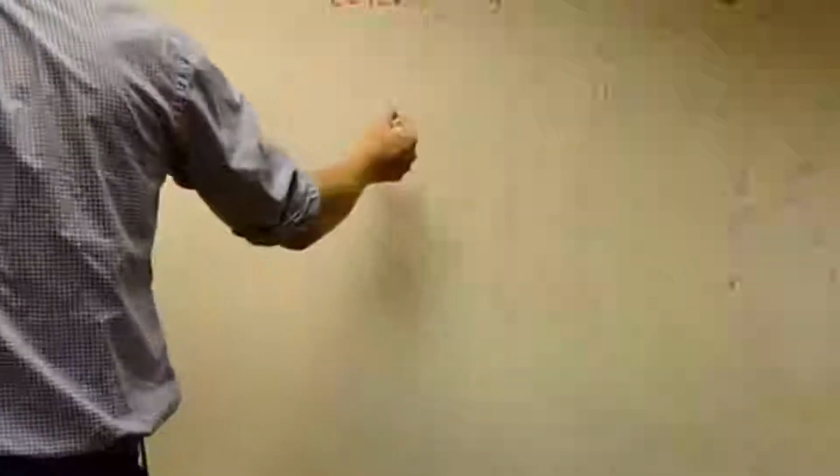So let's start off with drawing. Make it a little bit easier on us. If we have some orbit, where we're going to have an elliptical orbit, and so we're going to have the Earth at one focus.